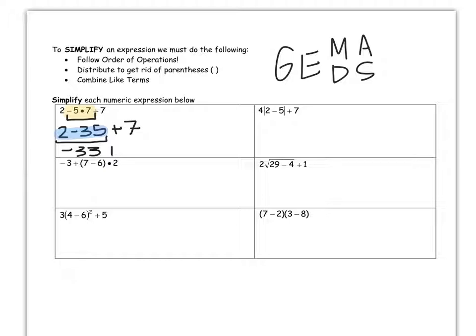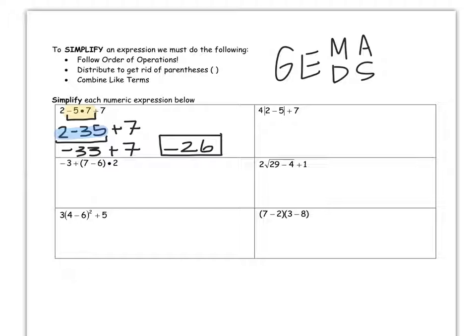Then I'll bring down this plus 7. We only have one operation left, addition, so we do negative 33 plus 7, and that gives us negative 26. That is our answer when we follow the order of operations and simplify that problem. All right, let's move right on to the next one.